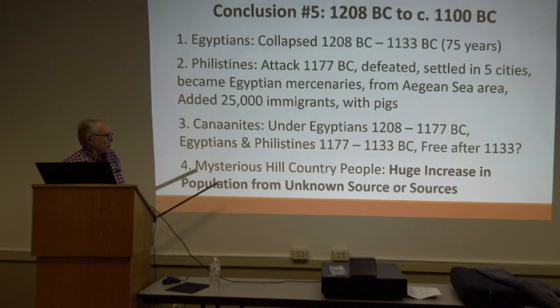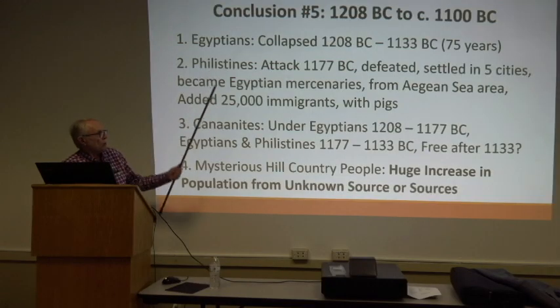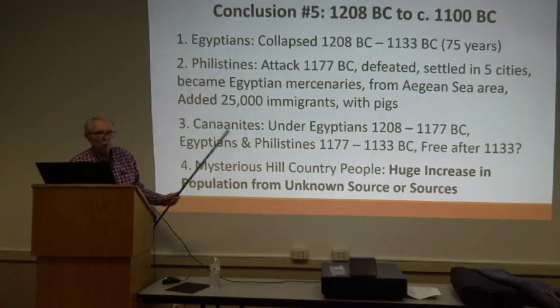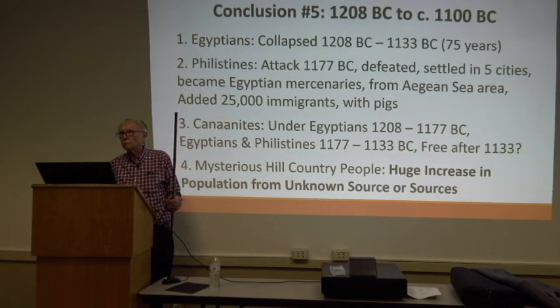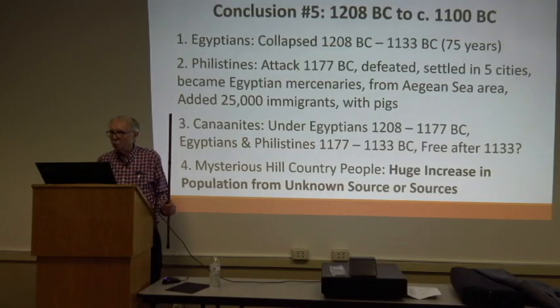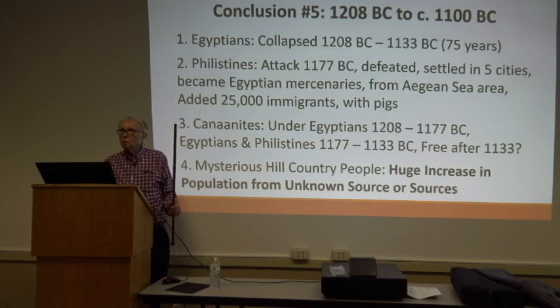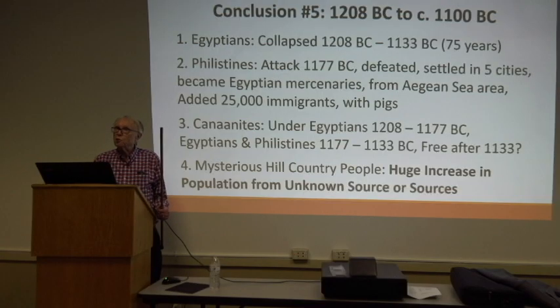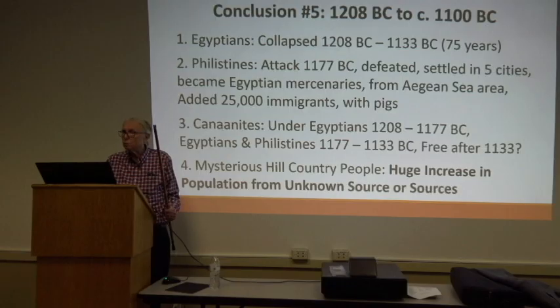Then we have 1208. We talked about all of this except there was a huge increase in population in this period from an unknown source or sources, which you're welcome to interpret in any way you want. I would say Jews and Christians would generally interpret it as coming from Egypt, the people from Moses.